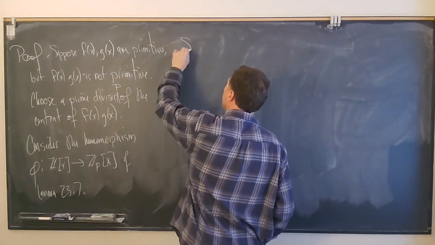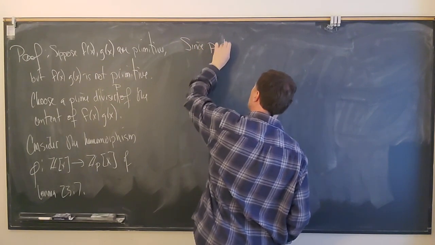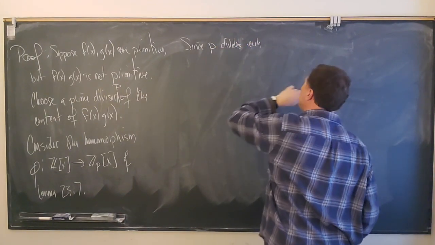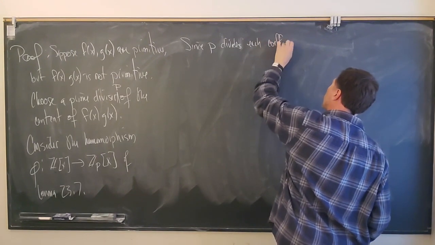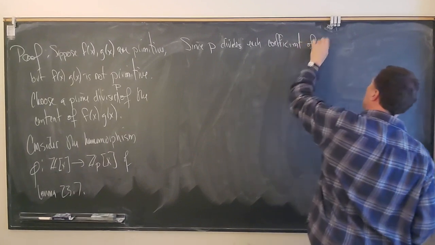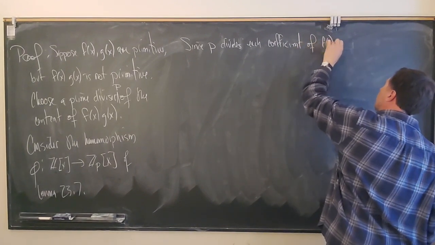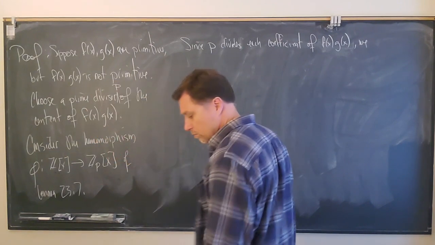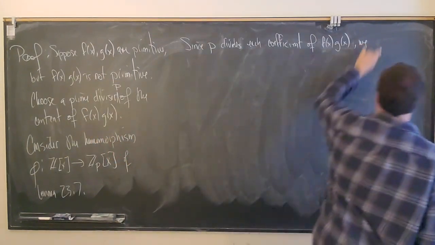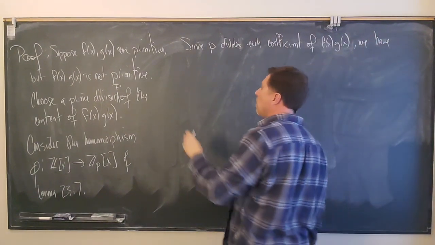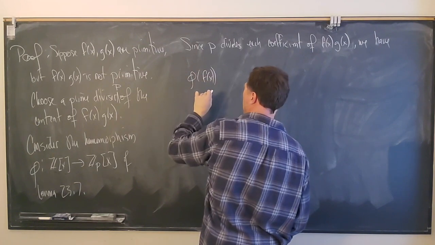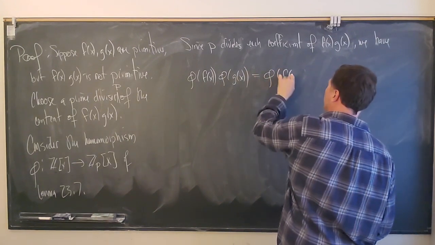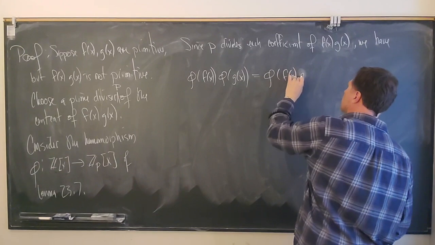So since p divides each coefficient of f of x times g of x, we have phi of f of x times phi of g of x equal to phi of f of x g of x.